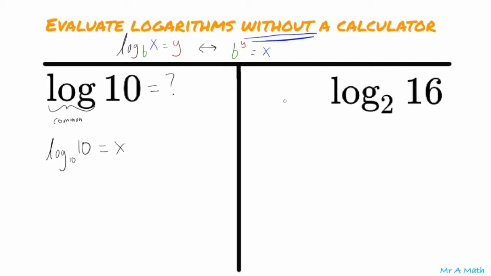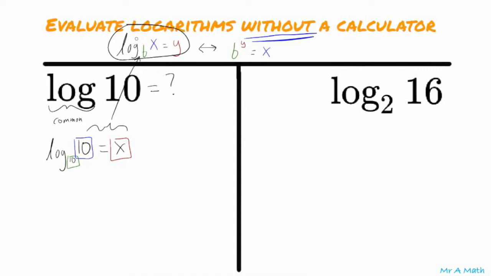Well, now we can say, okay, here's my base, here's my input of the function, and then my y, which is what it's equal to. In this example, it's actually equal to x, but I'm corresponding it to these variables up at the top in this basic identity.